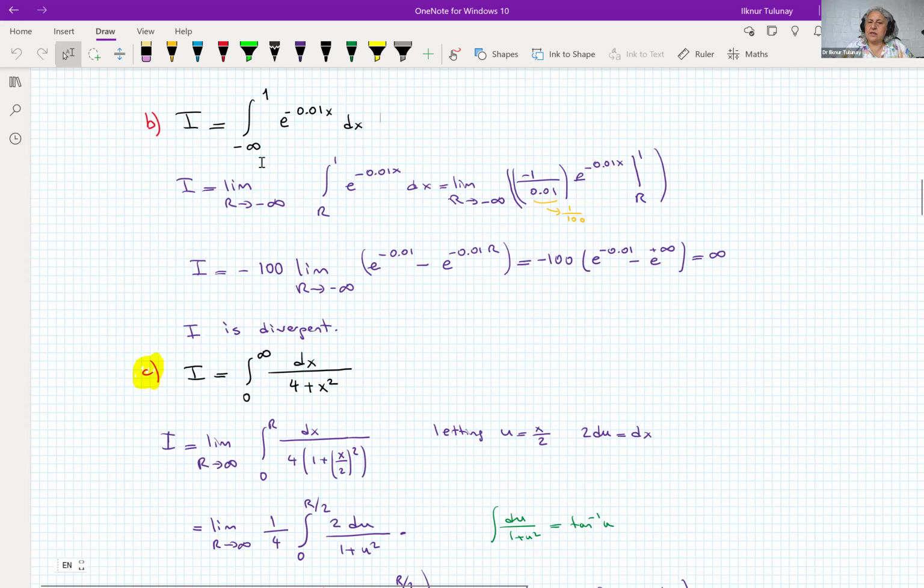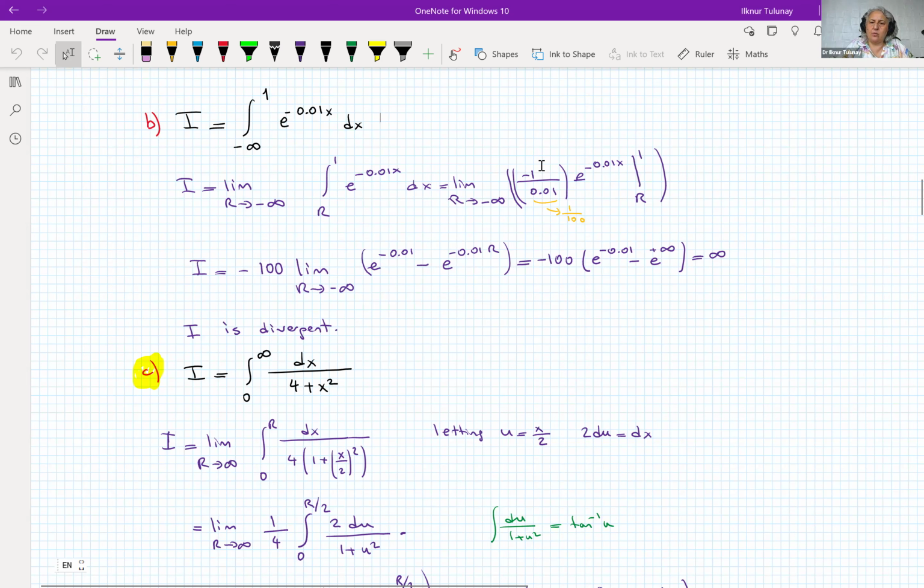Straightforward. For the second one, we have this time minus infinity. So we will take the limit as r goes to minus infinity, from r to 1, and integrate. This is a simple function to integrate. That will be minus 1 over 100, the constant, times the exponential e to the minus 0.01x, where x goes from r to 1. When we put in 1 minus 2r, we obtain this limit.